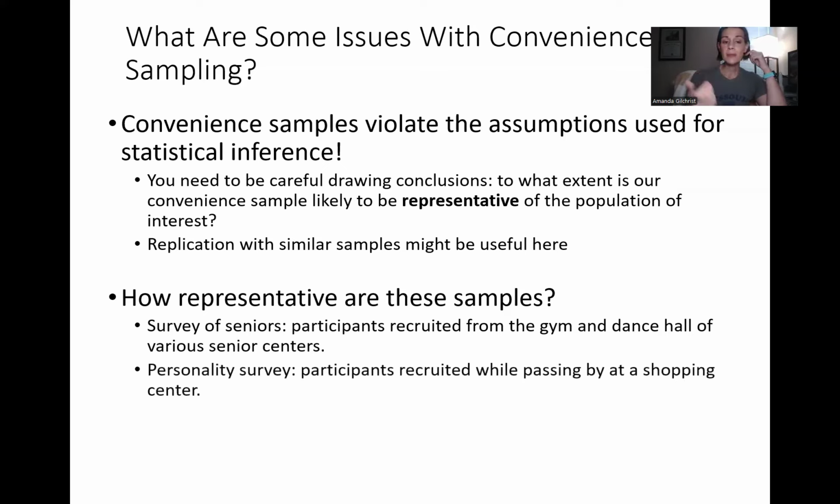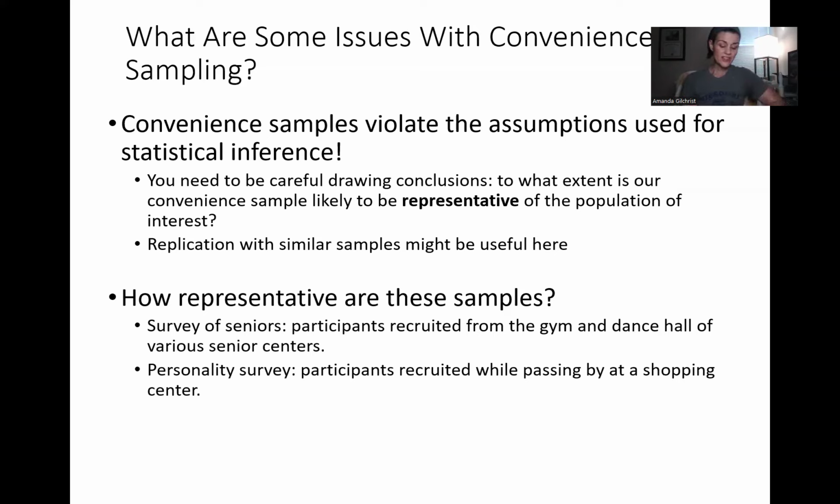If we're doing a personality survey, let's say that we're looking at participants who were recruited while passing by at a shopping center. And maybe this looks a little bit better to you, but I would question, let's think about the time of day. Let's think about the day of the week that it is. So, for example, if you're going to a shopping center in the morning, you might have people who have kids, or you might have older adults who are wanting to mall walk.